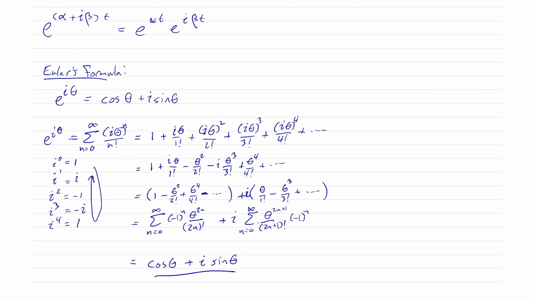So what that means is that if we go back up here, I can write e to the i beta t as cosine of beta t plus i sine of beta t.